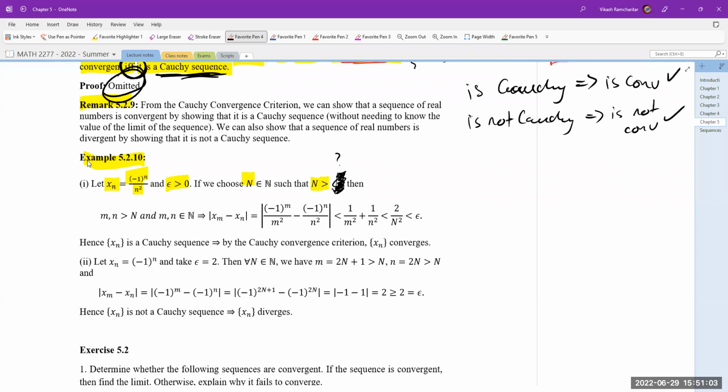So choose an N such that, if we take m and n bigger than this N, where m and n are natural numbers, we need to evaluate this distance.